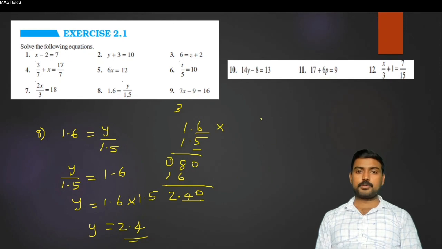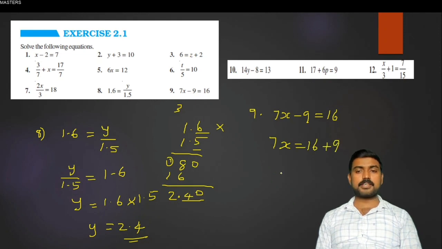Now we can go to question number 9. In question number 9, 7x minus 9 is equal to 16. So we can transpose the terms other than the variable. Here 9 is standing alone, that can be transposed at first. So 7x is equal to 16. This minus 9 goes to the right side, it will be plus 9.